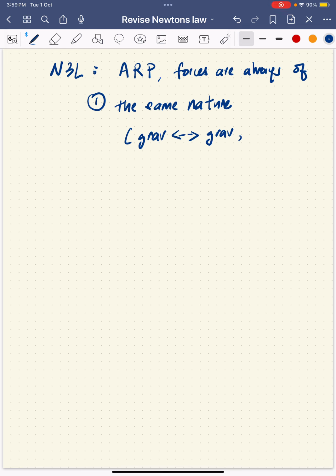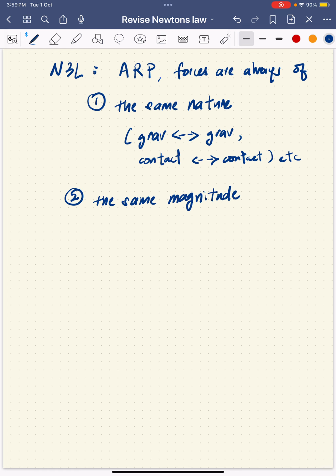If one is a contact force, then the other one must also be a contact force, etc. Criteria number two, the two forces will always be of the same magnitude. There is this mutuality in the way that the two objects interact, such that the action-reaction pair will always be of the same magnitude.